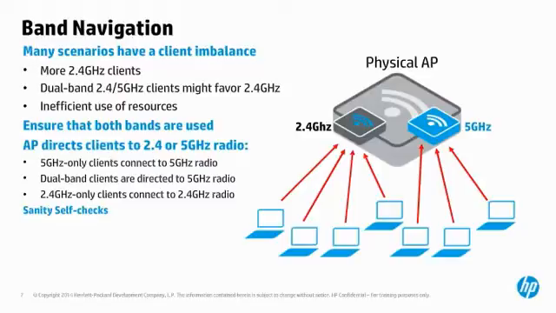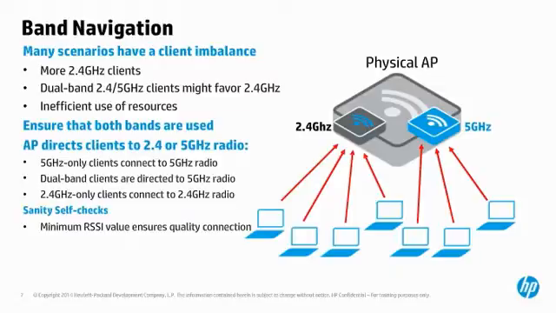Before encouraging dual band clients to the 5 GHz radio, the AP checks client RSSI values. If the 5 GHz RSSI value is too low for the client, it will be allowed to connect at 2.4 GHz.